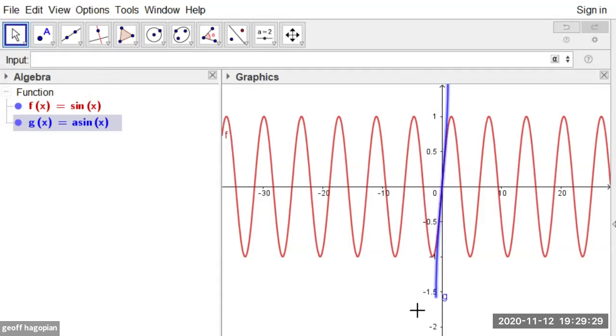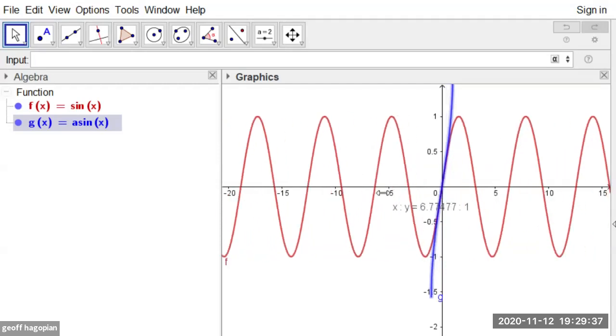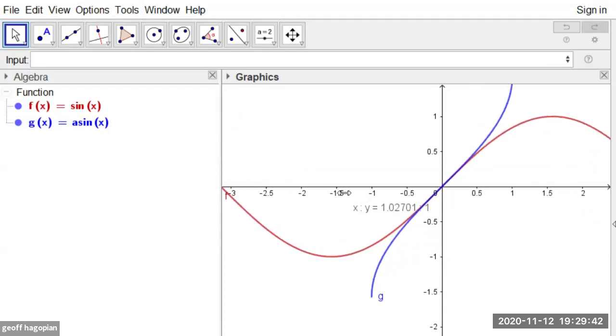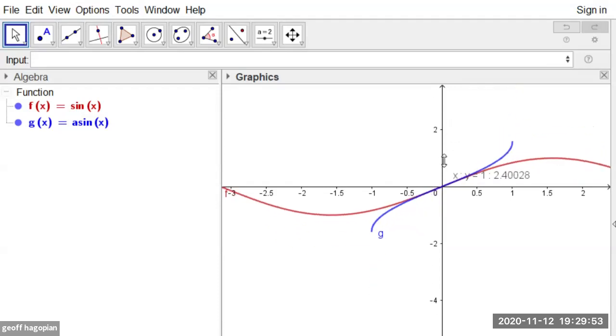So does this look like what we just did? Well, it's all about the scale, right? So if we do this, yeah, then it starts to look more like just what we just graphed, right? Especially if we also do this, right? And then shall we restrict the domain on this thing?